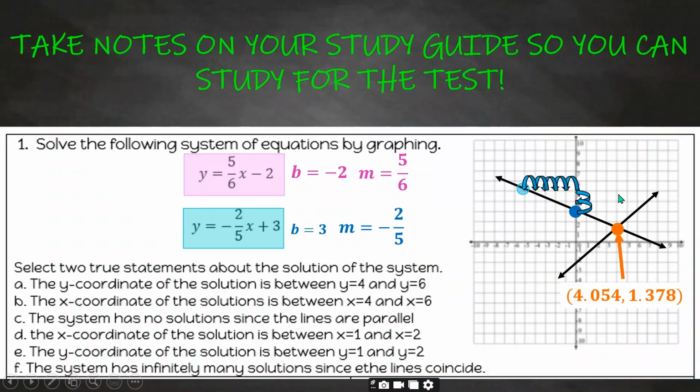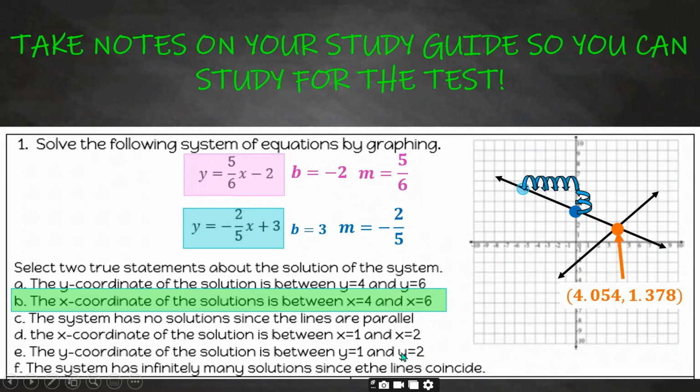So because the y value is not between 4 and 6, that is not the correct answer. What is actually correct is the x-coordinate of the solution is between 4 and 6. Because here my x is 4, here my x is 6, and the point of intersection falls between that range.